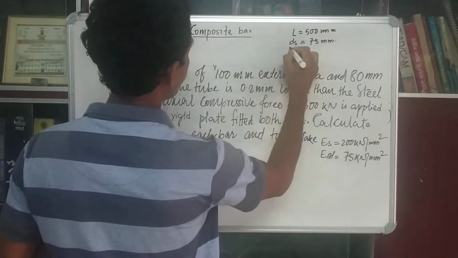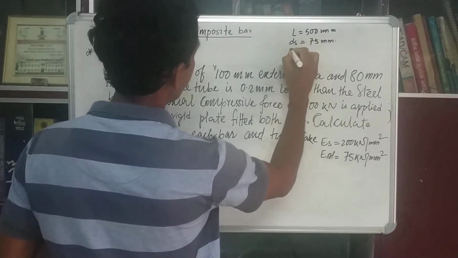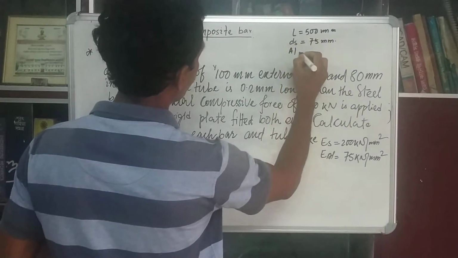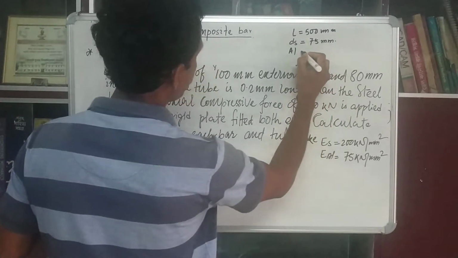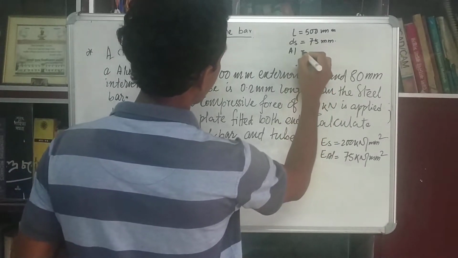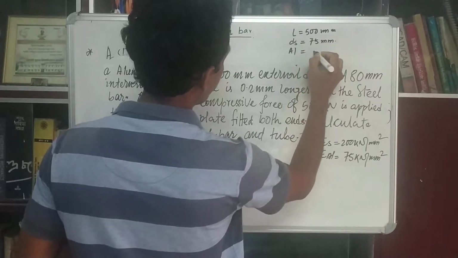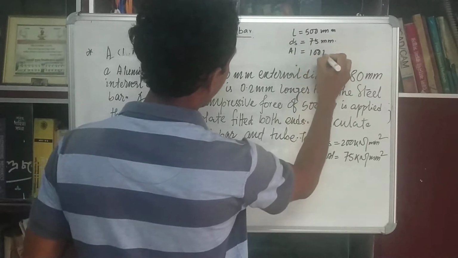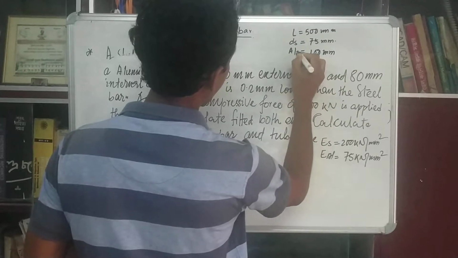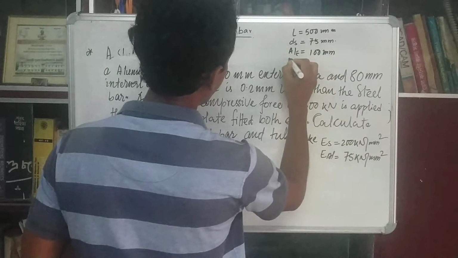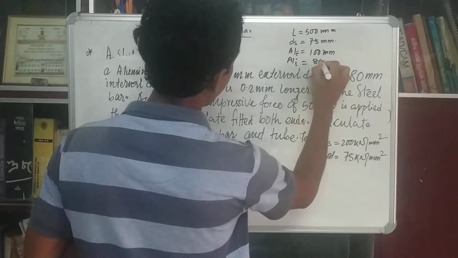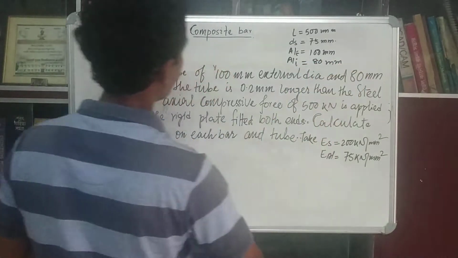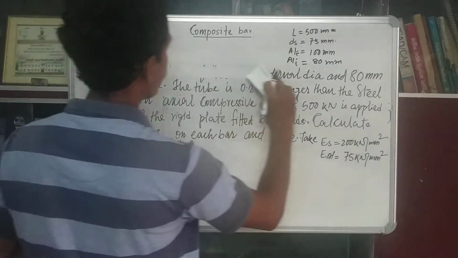Aluminum tube external diameter is 100 mm, and aluminum internal diameter is 80 mm.